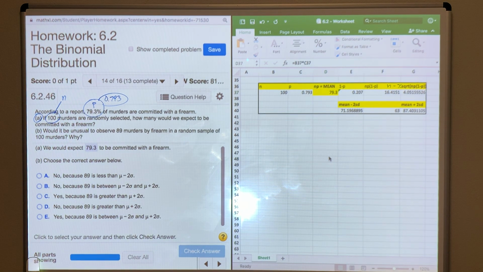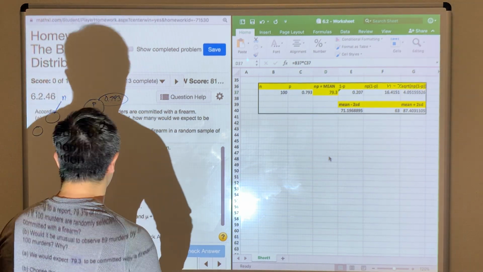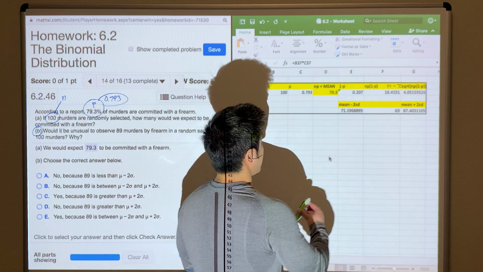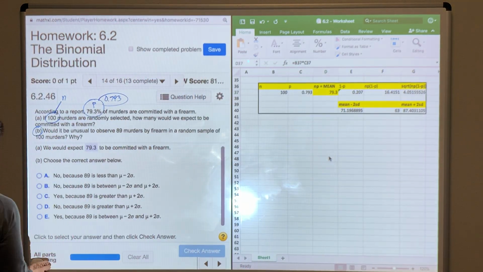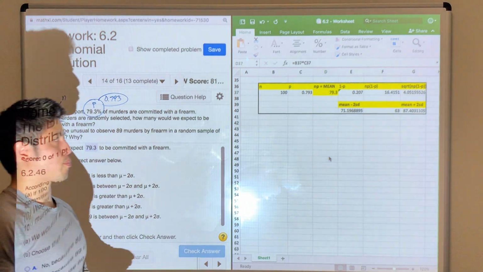And B, the second part of this. Okay, in part B, it says, would it be unusual to observe 89 murders by firearm in a random sample of 100 murders? And why? All right, so in order to answer this question of whether it's unusual or not, you have to go do this part over here. And I just wanted to save time and show you the calculation pre-done because I knew this lecture was going to be super long.